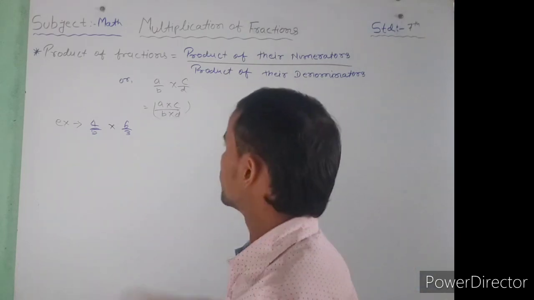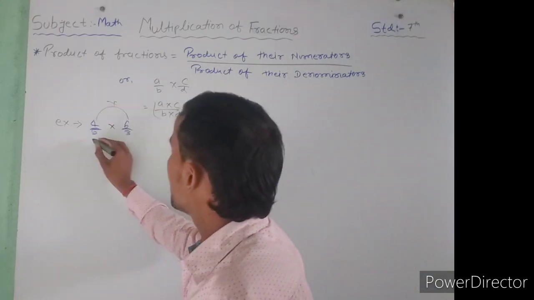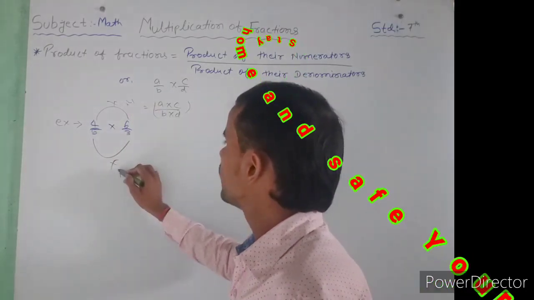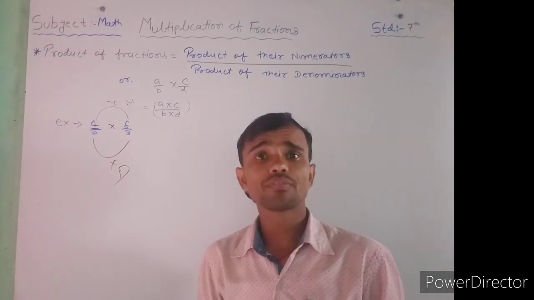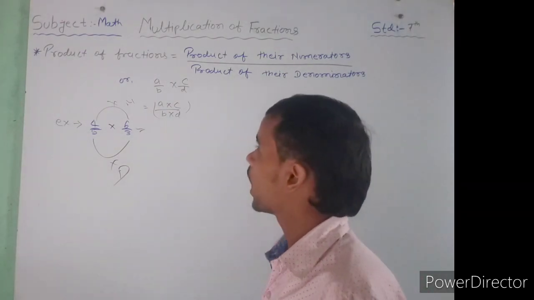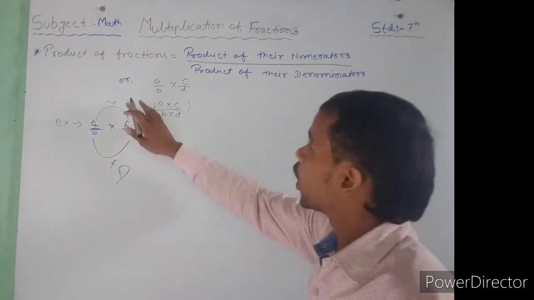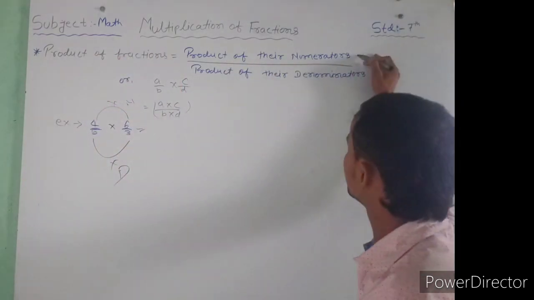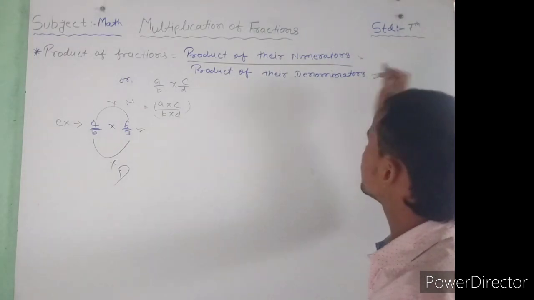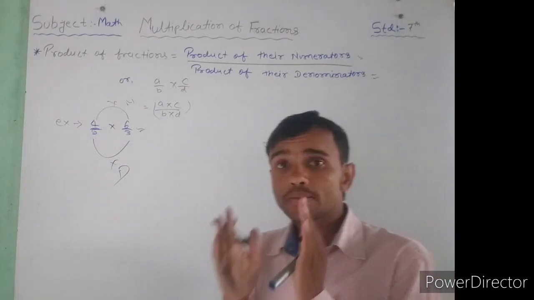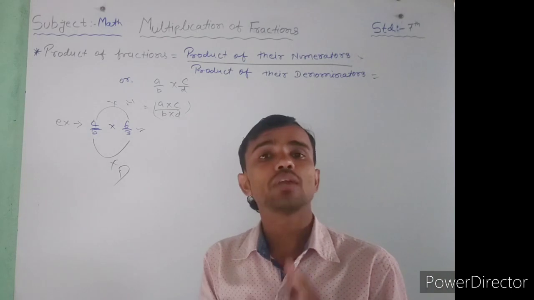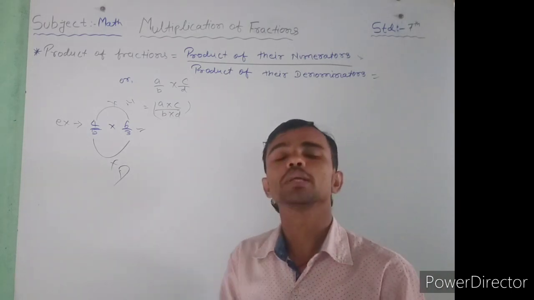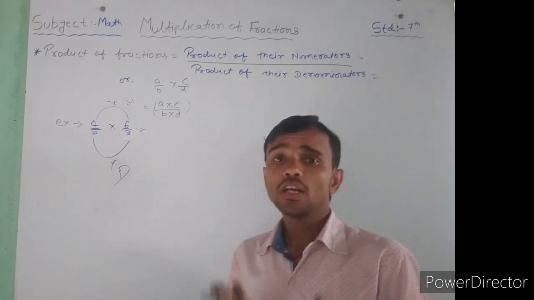Product means multiply both numbers, numerator and denominator too. Multiply the numerators together, and then multiply both denominators, and then you solve the question.